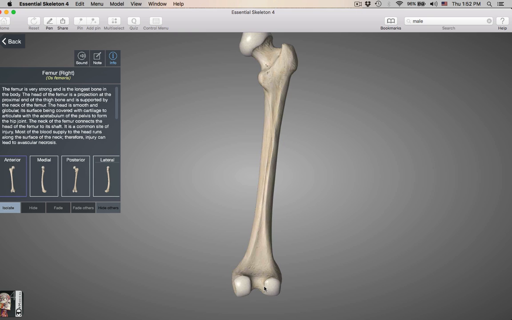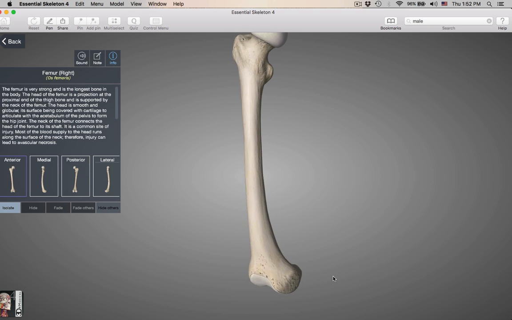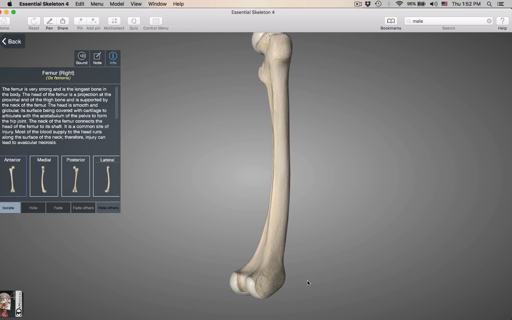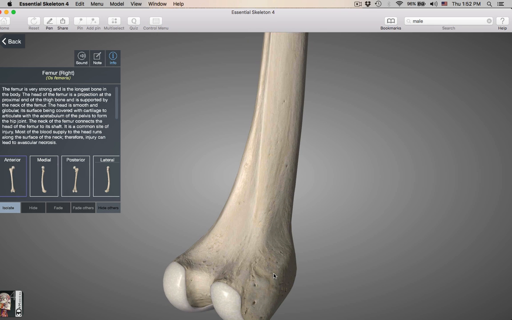The medial and lateral epicondyles, remember they are always above the condyles, so this is going to be the medial epicondyle. Lateral epicondyle is going to be around here. They stick out a little bit.